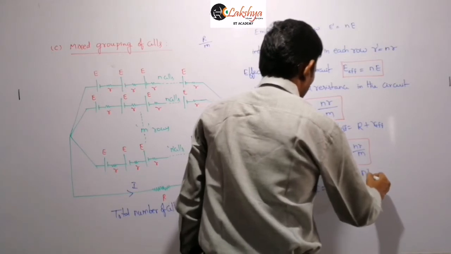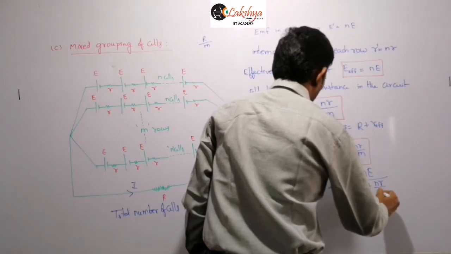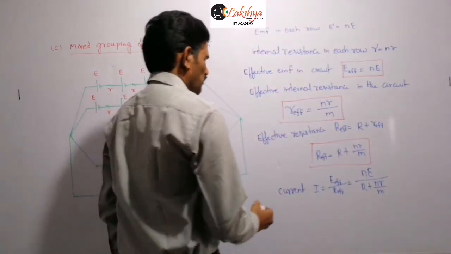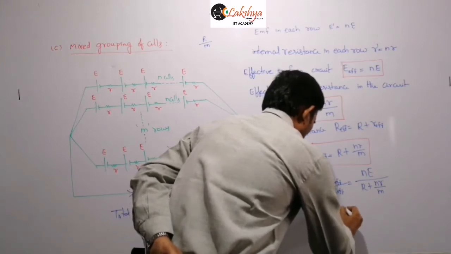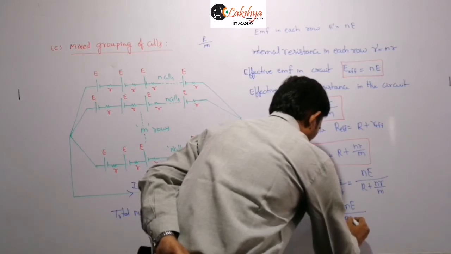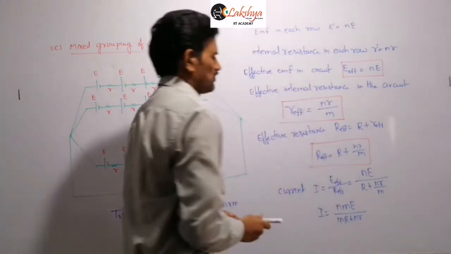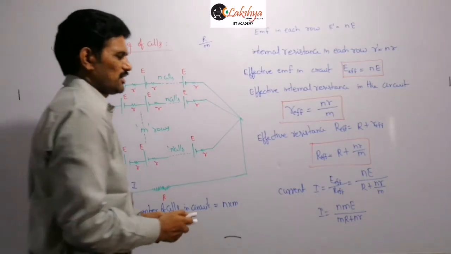So that is nothing but nE by R plus nr by m. And therefore I can write I is equal to n into m into E by mR plus nr, just by taking LCM, right? So it is the total current in that circuit here.